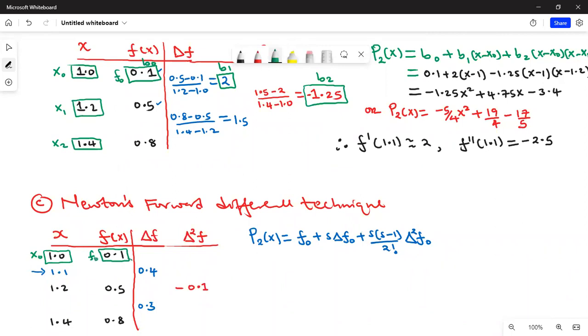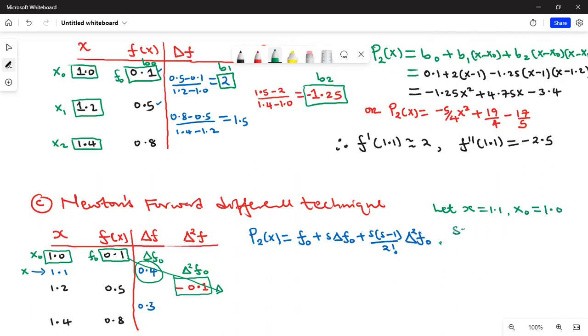So with forward differences, you read them along this line that is sloping downwards. So the value here is delta f naught, the first order forward difference of f naught. And this other value is the second order forward difference of f naught. So how do we get s? Our x is 1.1, so let x be 1.1 so that our x naught will be 1.0.